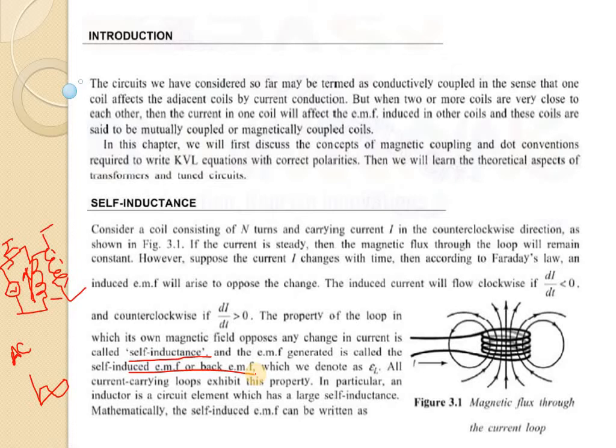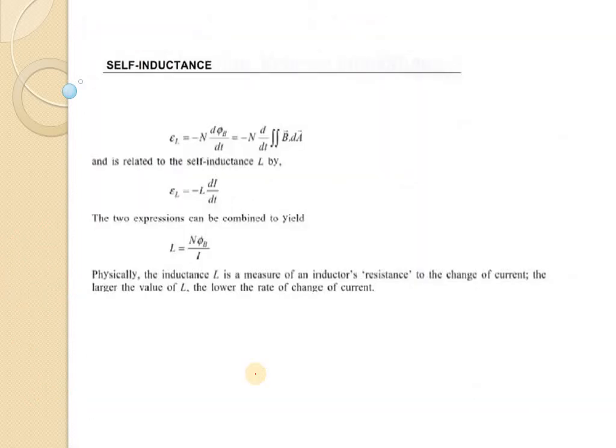In particular, an inductor is a circuit element which has large self-inductance, and mathematically the self-induced EMF can be written as EL equals minus N dφB/dt, where N is the number of turns and φ is the flux, and this is the time variation. So we can write it as minus N d/dt of the double integral of B dot dA, and it is related to self-inductance L. So we can write EL equals minus L di/dt.